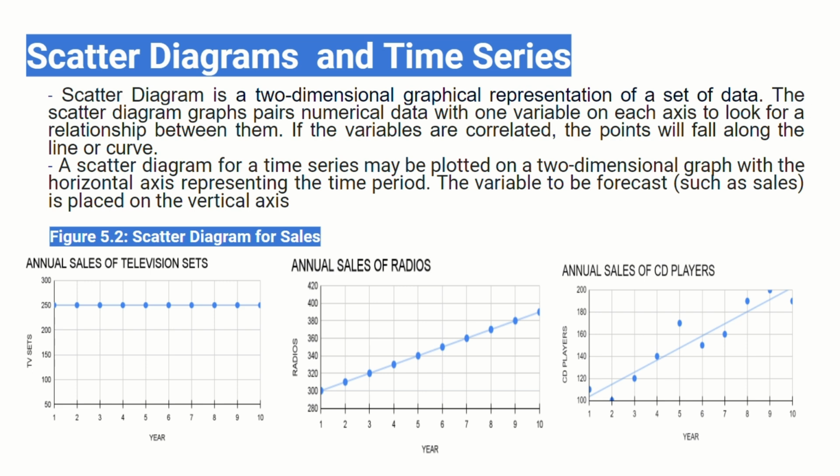I will be presenting the sales forecast of three products of the Walker distributors. In figure 5.2, the scatter diagram for annual sales of television sets, radios, and CD players for year 1 to 10.